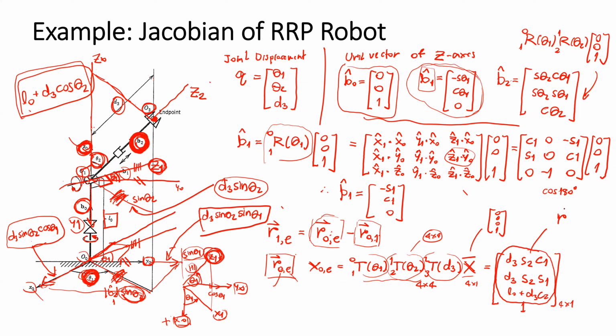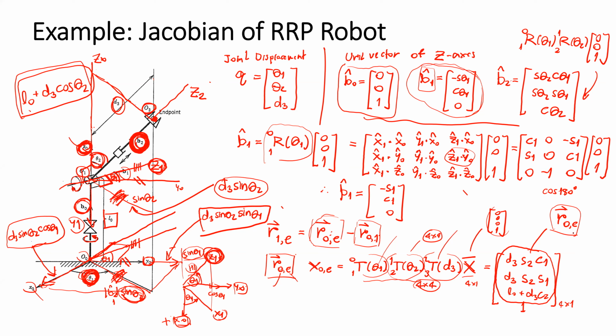It will be the relative position vector from frame 0 to the end effector frame. If you have time, you may try to derive the homogeneous transform matrix and obtain the product of the matrices, and then multiply by this vector and see if we have the same result for the relative position vector.